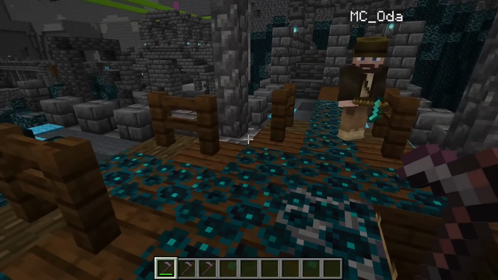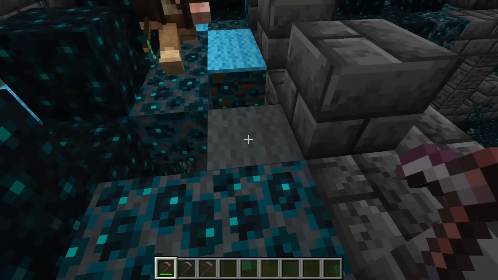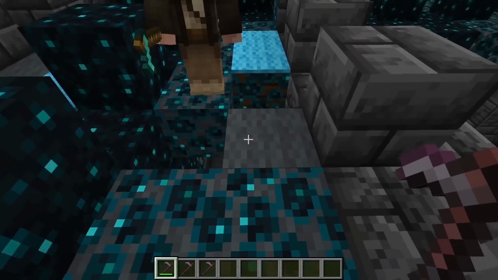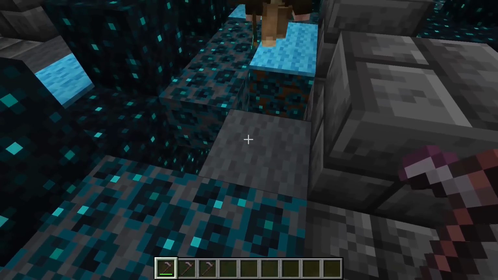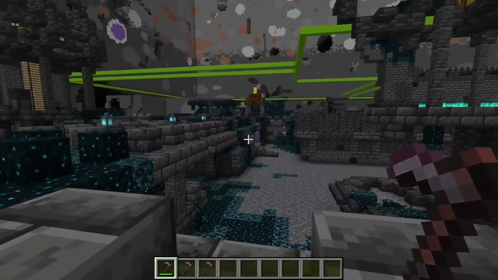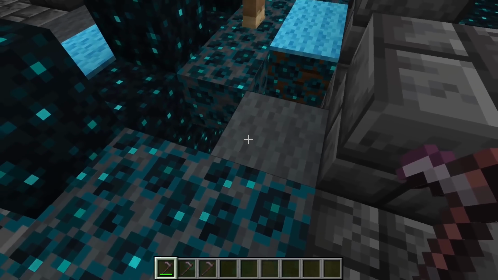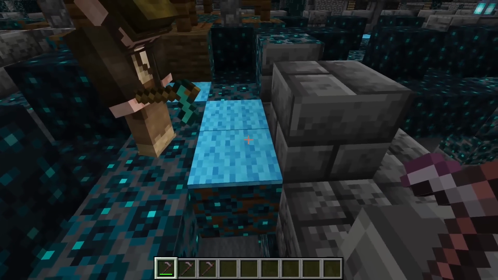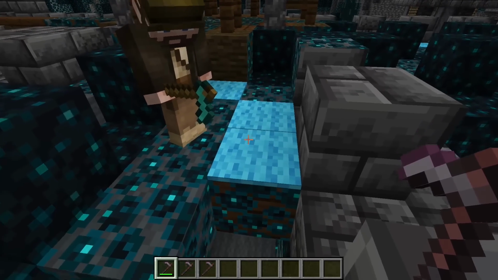Hey, I want to show you something. If you notice, you told me to stand on the wool the first time we were down here, and all the wool is gray. Everything here is old and sort of dilapidated. Most of this stuff is gray wool, but then you have the bright blue wool, which is sort of out of place.